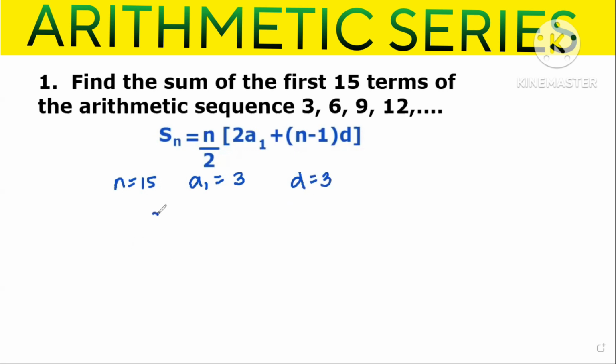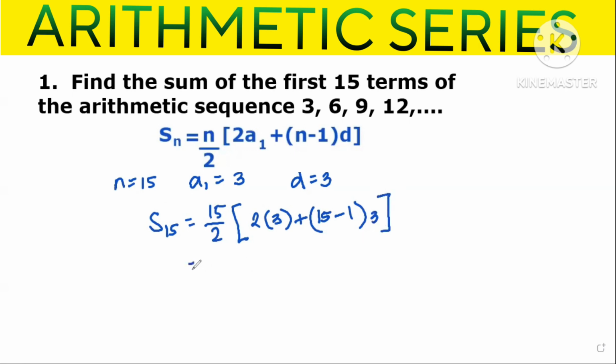Substituting the given values, we have S sub 15 is equal to n over 2, 15 over 2, 2, a sub 1, which is 3, plus n minus 1, times d. So, this is equal to 15 over 2. 2 times 3 is 6.